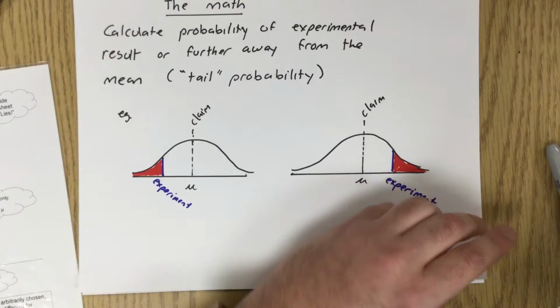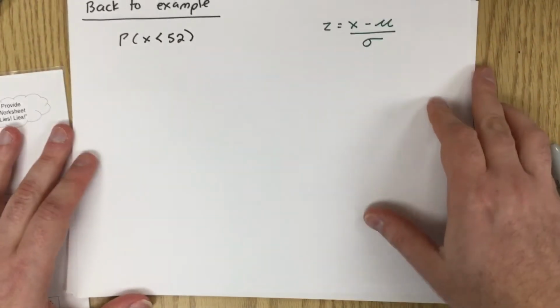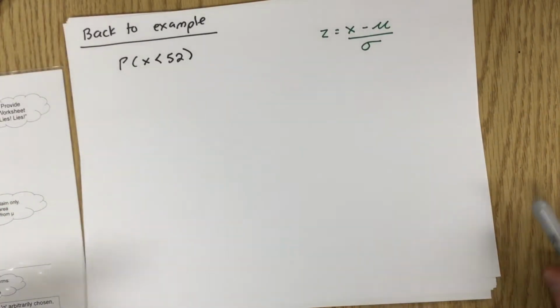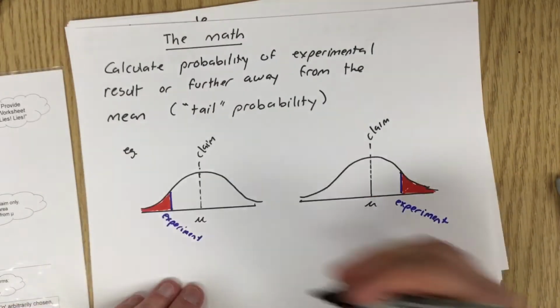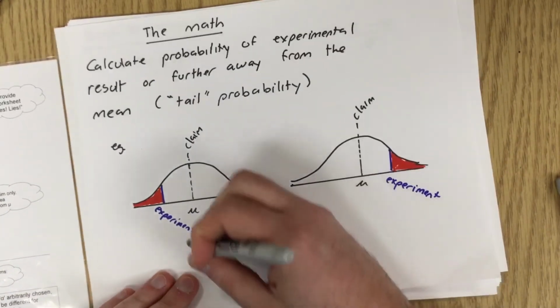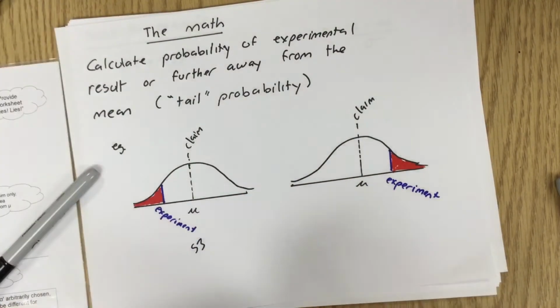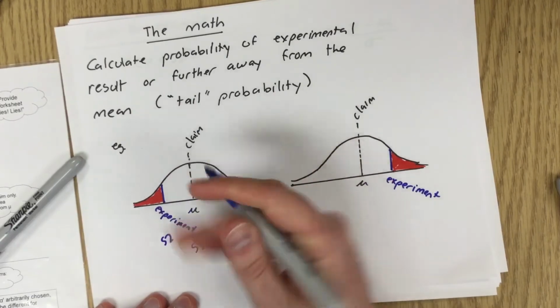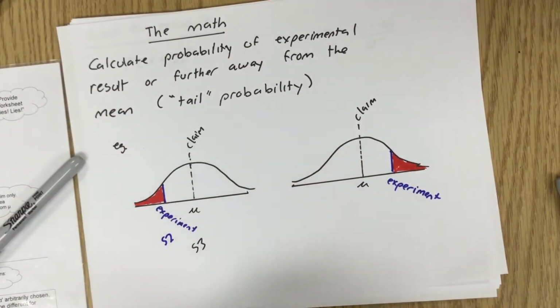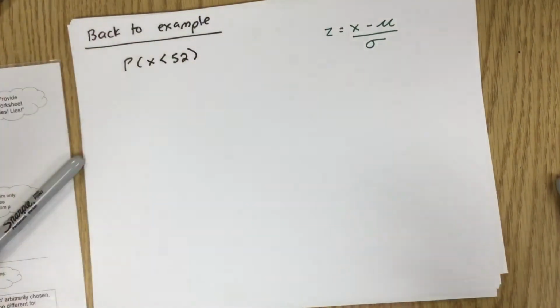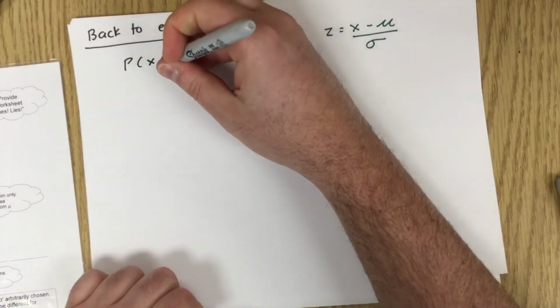So let's actually do it. We want to know the probability that x is less than 52. Because if we go back, the mean was 53, and our experiment was 52. So we want the probability of 52 or less. Technically it would be less than or equal to 52, but since it's continuous, it doesn't really matter.